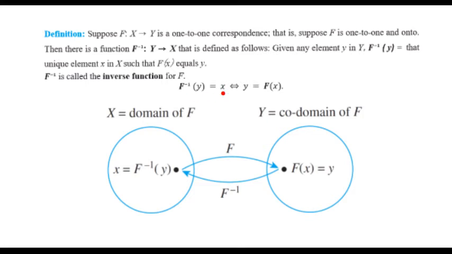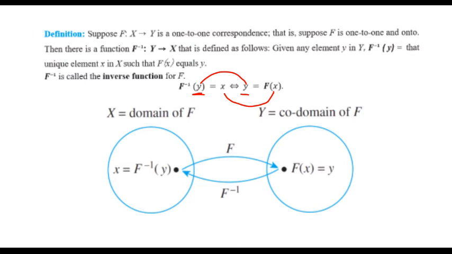So f inverse of y is x means that y is f of x. Basically, this y is the same as this y, and this x is the same as this x. So if f of x is y, then f inverse of y is x. And if f inverse of y is x, we can conclude that y is f of x.